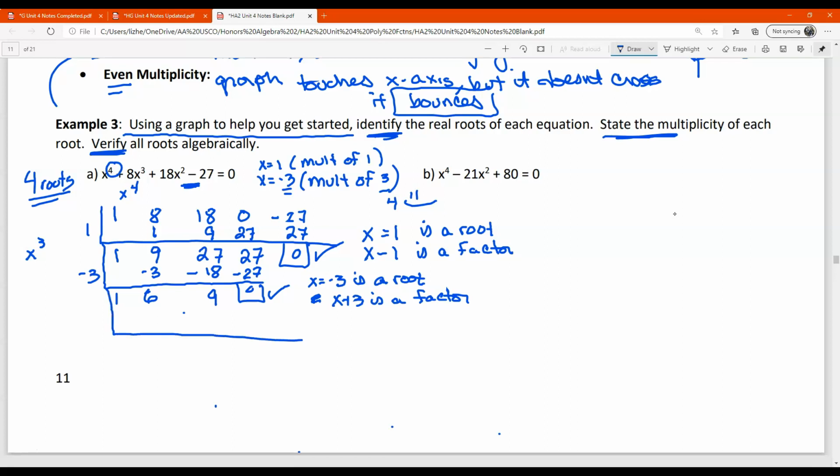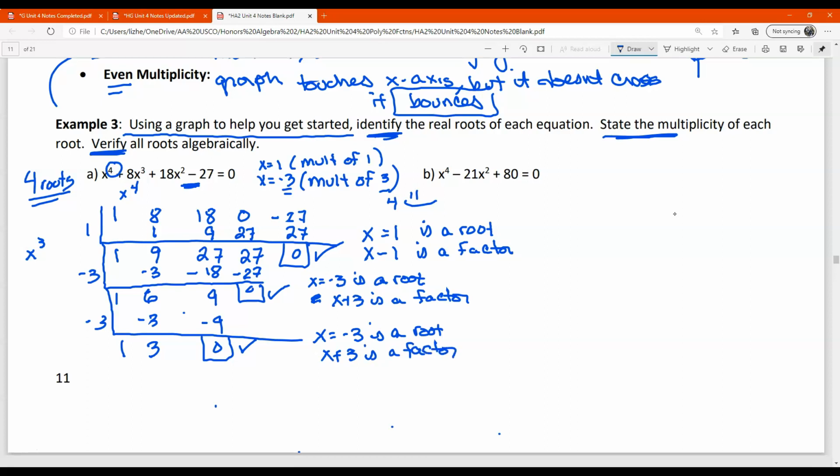Now this was x to the 4th, this was x cubed, this is an x squared, so I know I'm at a quadratic here. If I wanted, I could just stop and factor that. But I'm just going to go along because I think this is so easy. Negative 3, 3, negative 9, 0. There I am again. x equals negative 3 is a root. x plus 3 is a factor.